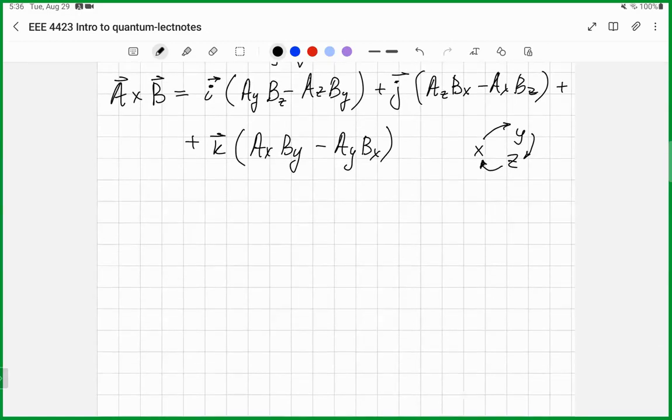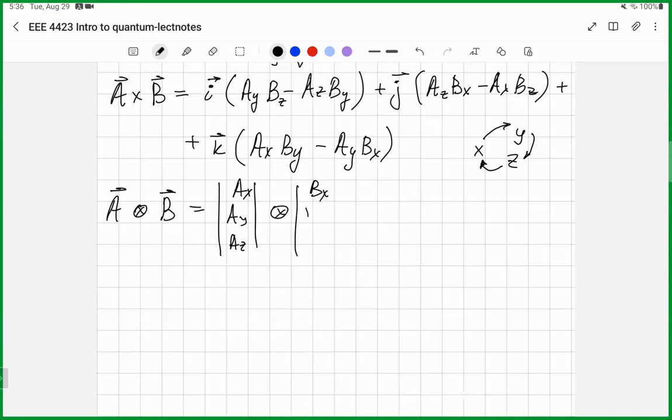Then for these two vectors, we can of course write the tensor product. So it's a product of ax, ay, az, tensor product bx, by, bz, right? And it's gonna be a very large vector with 9 components, right?